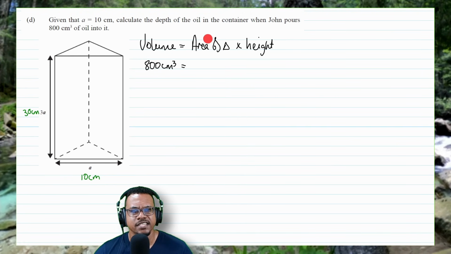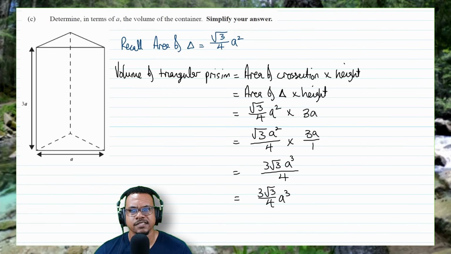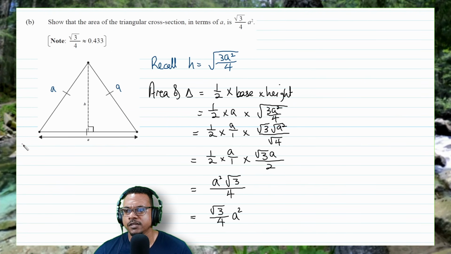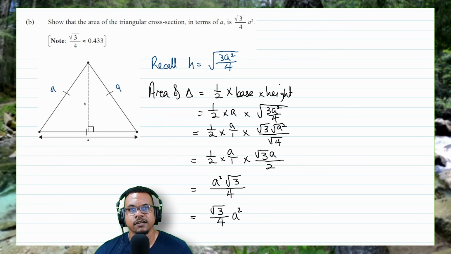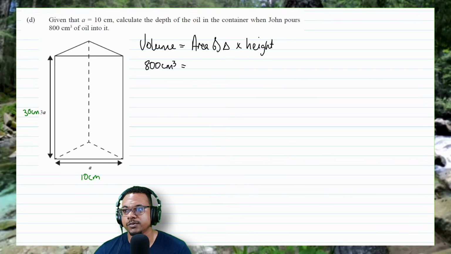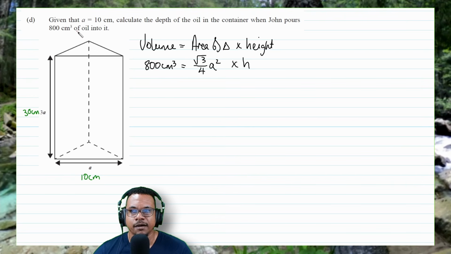And I'm going to recall what is the area of the triangle. So let's go back and see what we had for the area of the triangle. We worked that out to be square root of 3 over 4 a squared. And of course, for height, we could just write h, so multiply by h for height. Now they're telling us that a is equal to 10, so I can replace this a here with 10.